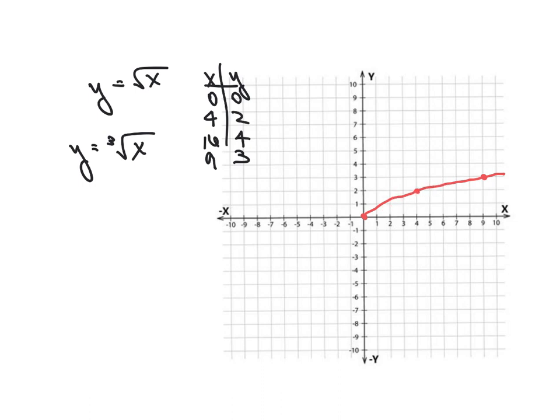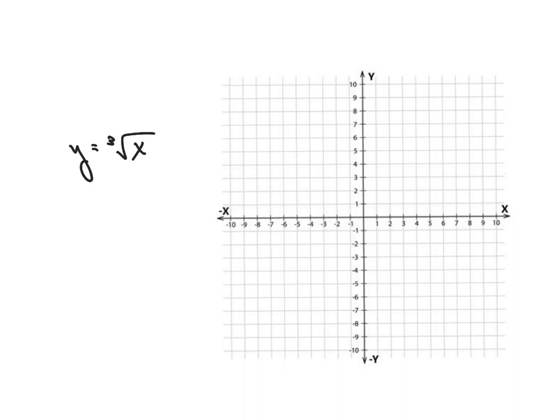They're only positive in this first quadrant. Now, if we look at the second one, with the cubed root, we have it a little bit different. We have an x and a y, and let's say we put in 8. Cubed root of 8 is 2. So that would be a point right there. What if we put in 0?